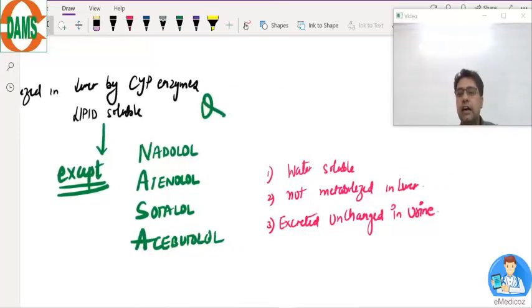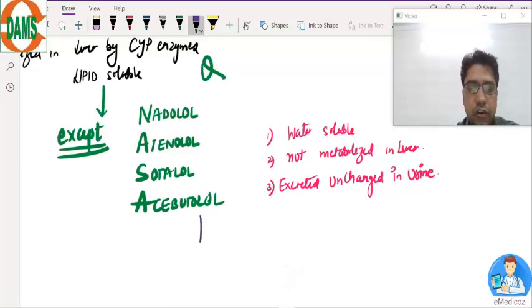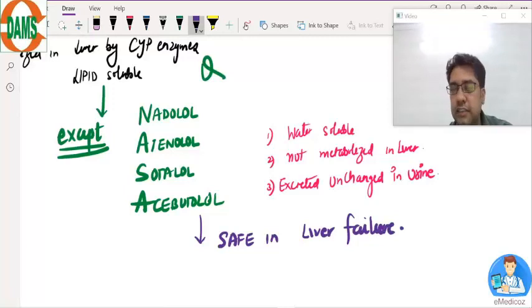So my question to you is, can we say that these 4 beta blockers are safe in liver failure? These 4 beta blockers are safe in liver failure.